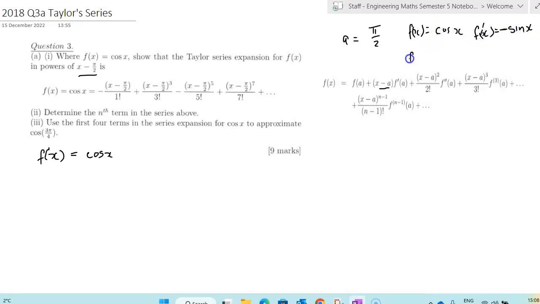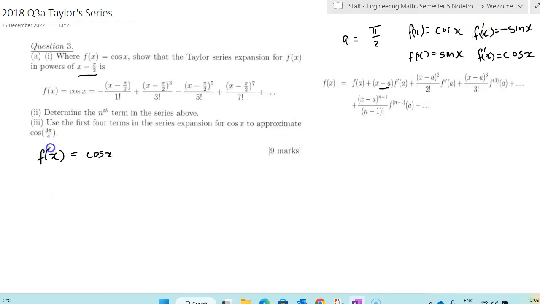The other thing to remember is that if you differentiate sine x, you just get cosine x. There is no change from plus to minus when you're differentiating sine x, but there is a change from plus to minus of sine when you're differentiating cosine x.